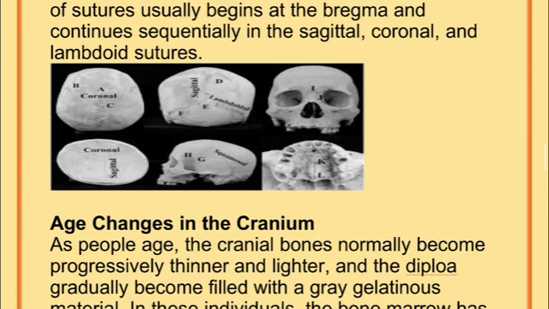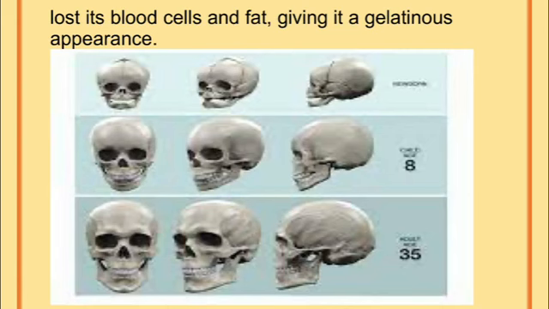In such individuals the bone marrow has lost its blood cells and fats, and this gives a gelatinous appearance. So right here is an illustration showing the age changes you find in the cranium.